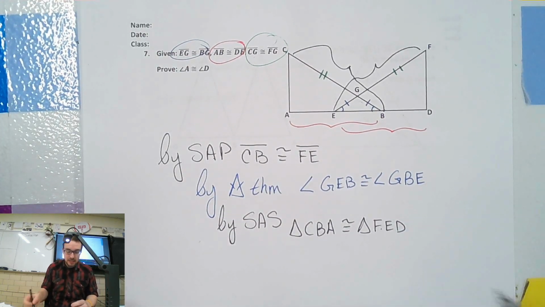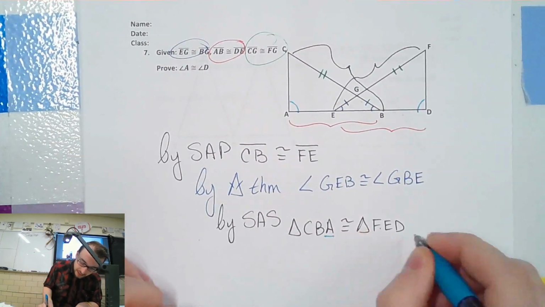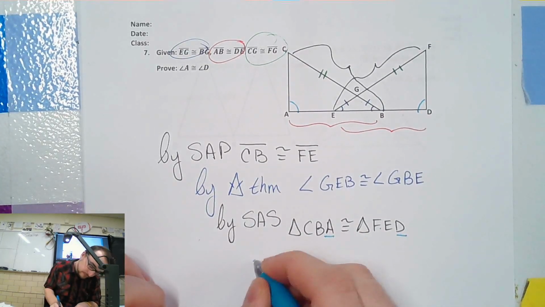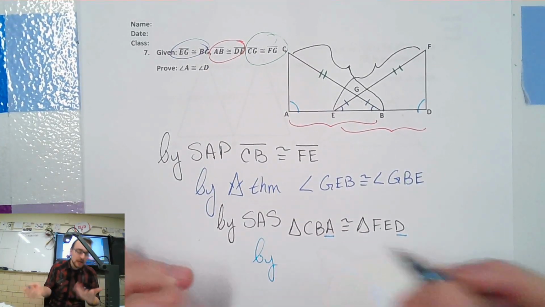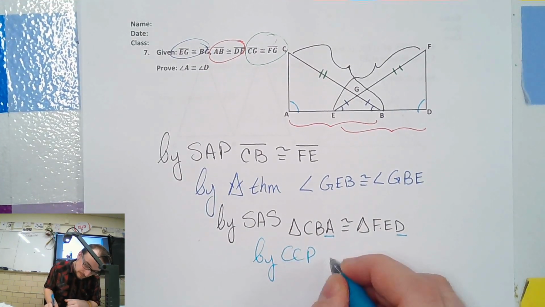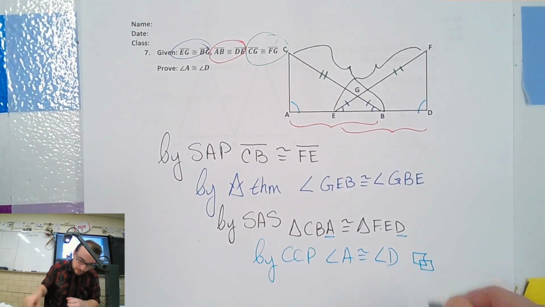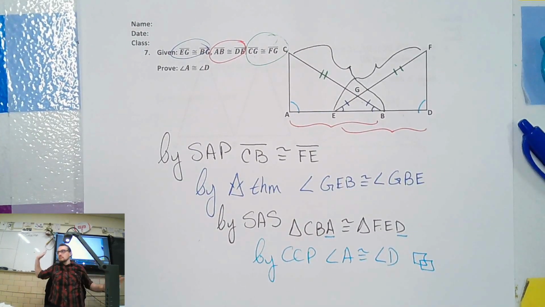All right, and then if those triangles are congruent, their parts are congruent, right? So I can say by CPCTC, A is the same as D, because A and D are both in the third position, the way I wrote it. You might have written ABC or something. And we win. I feel like I'm doing this wrong.